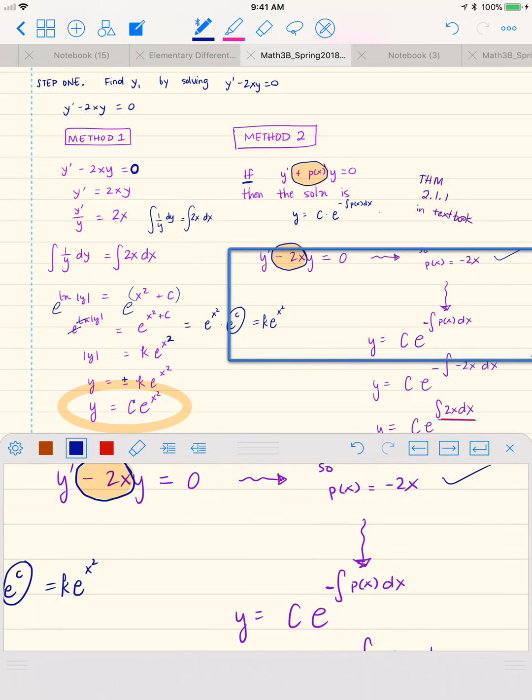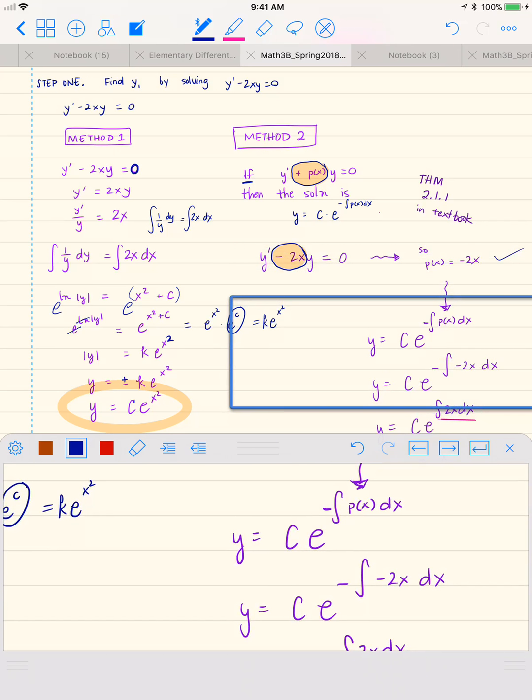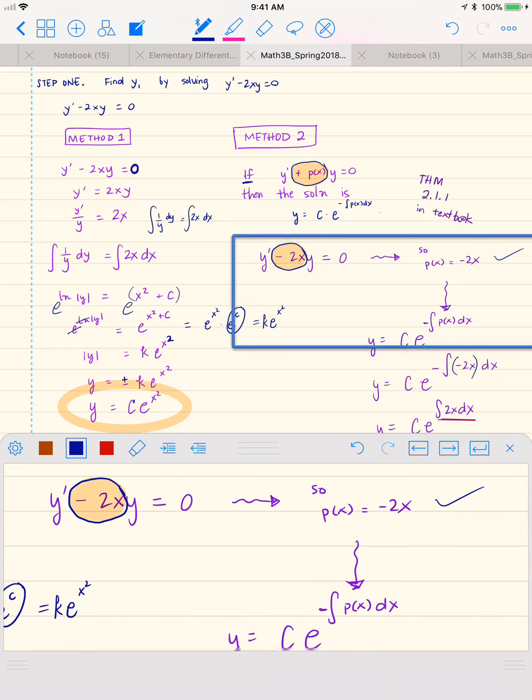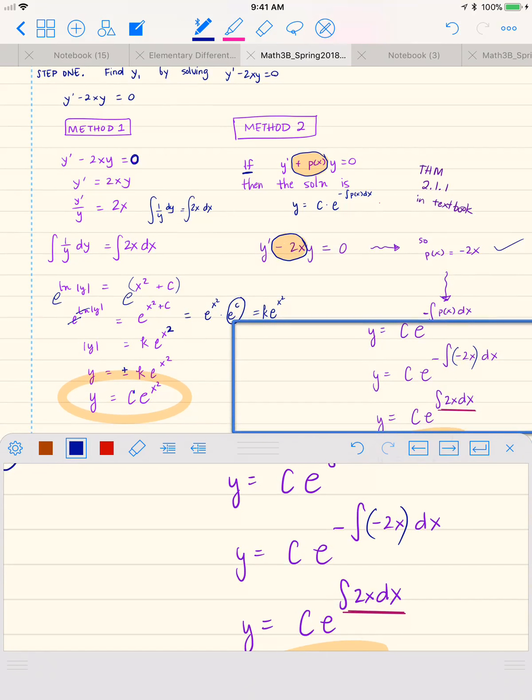And that means that our solution, y equals c times e to the negative integral p of x, is going to be y equals c times e to the negative integral of negative 2x dx. Because remember, p of x is negative 2x. So the negatives cancel each other out, and we just have the integral of 2x.